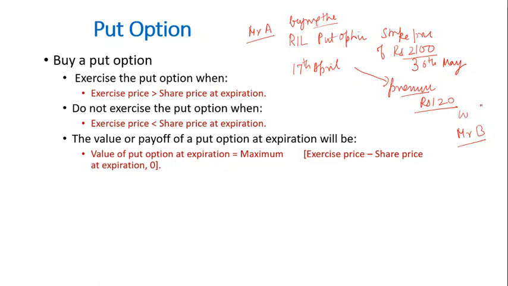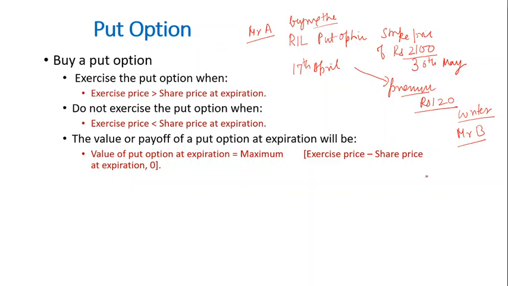Both A and B have an opposite position. Mr. A feels that the Reliance stock will go down in future. Mr. B as a writer feels that the Reliance stock will never go down, it will go up in the future. So the buyer and seller always have an opposite position in the market.